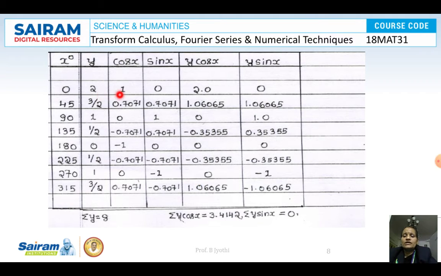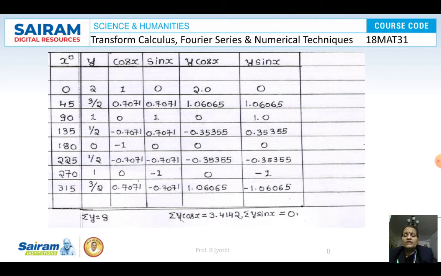So 2 into 1 which is 2, 3 by 2 into cos x which is 1.0606, and 1 into 0 and so on. That is, the second column terms are multiplied with the third column, that is cos x. Next, again y into sin x, that is the second column and the fourth column terms; if we multiply, we get respectively these values, that is 0, 1.06065 and so on.